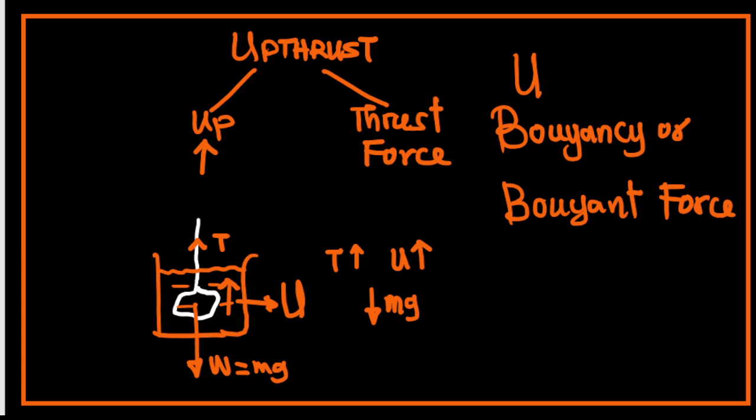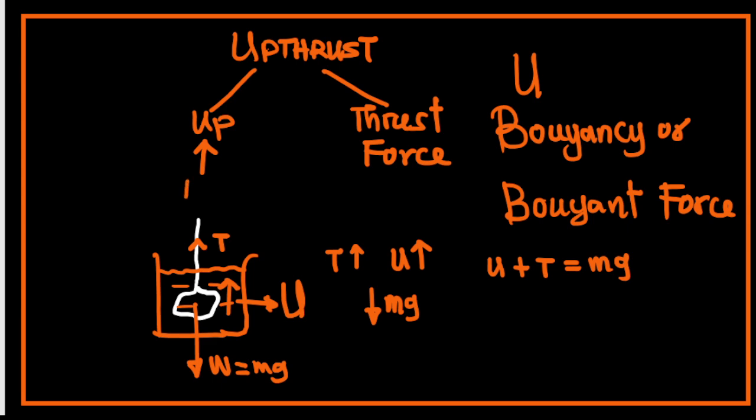Usually we also have a force called the viscous force, but in this case we need to neglect it. We need to assume that the viscous force is negligible. So if there is an equilibrium for these forces, we should expect the upward force to be equal to the downward force. So in this case, it is going to be U plus T equals mg.